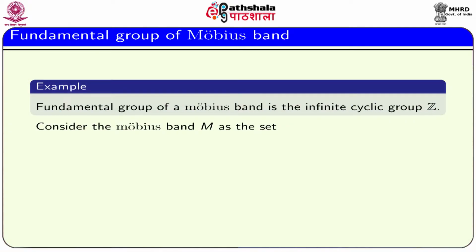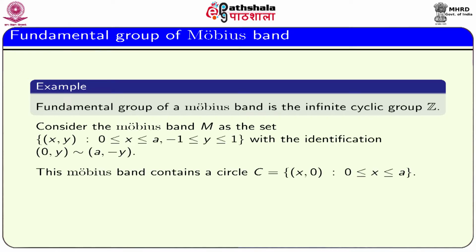The next example shows that Möbius band has fundamental group as the infinite cyclic group Z. So, consider the Möbius band capital M, which is the set of all points x, y, where x varies from 0 to some real number a, and y varies between -1 and +1, with the identification that the point 0, y is identified with the point a, minus y.